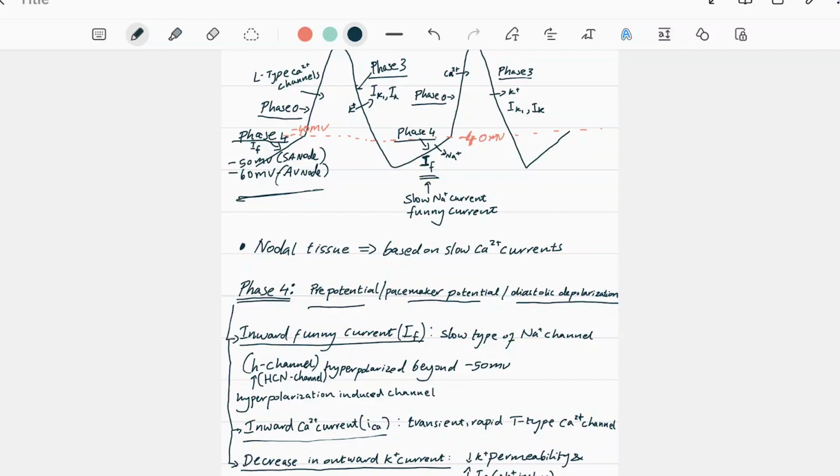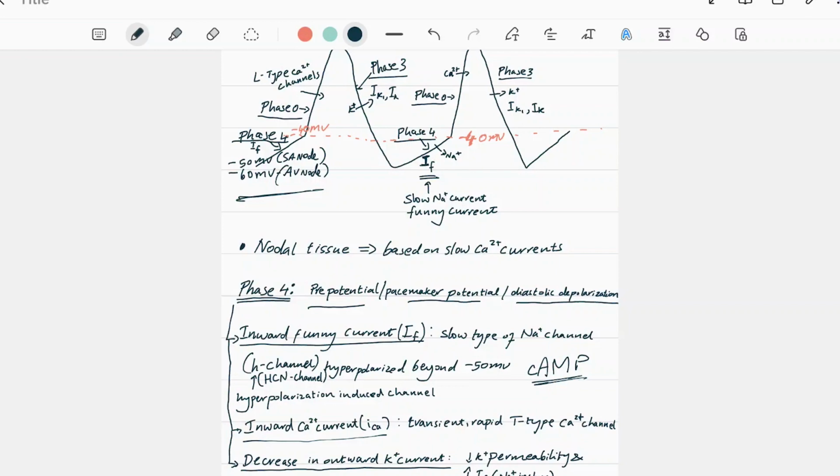This is going to cause an opening of the channel when the cell becomes negative up to a certain point. It will be minus 50 millivolts in the SA node or minus 60 millivolts in the AV node. Also, these channels are very sensitive to cyclic AMP levels, and this is important in some pharmacological aspects which we'll talk about later.